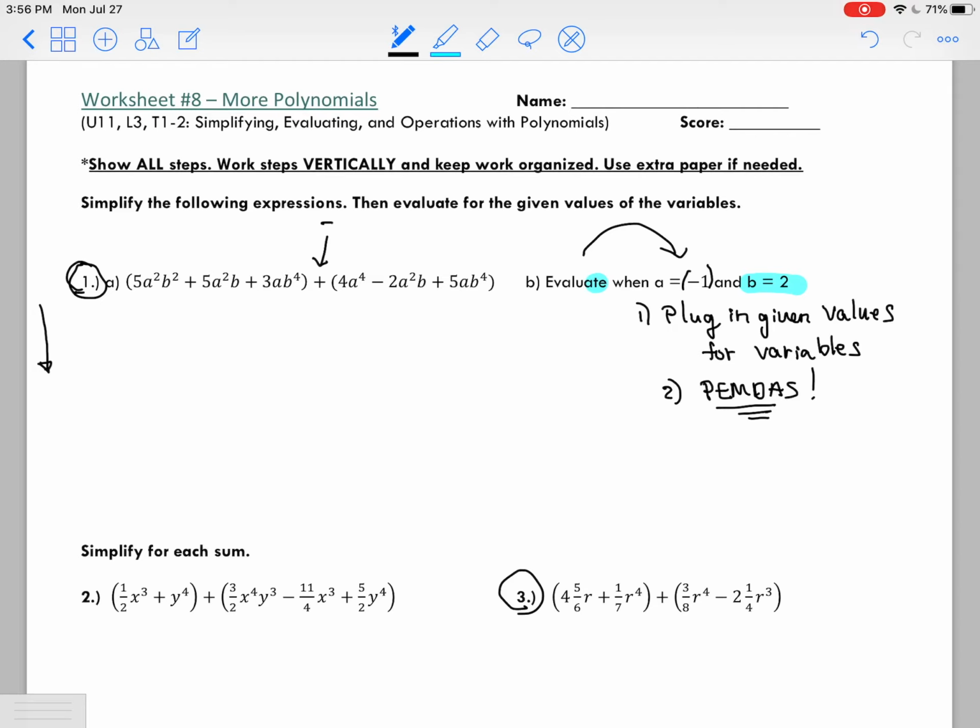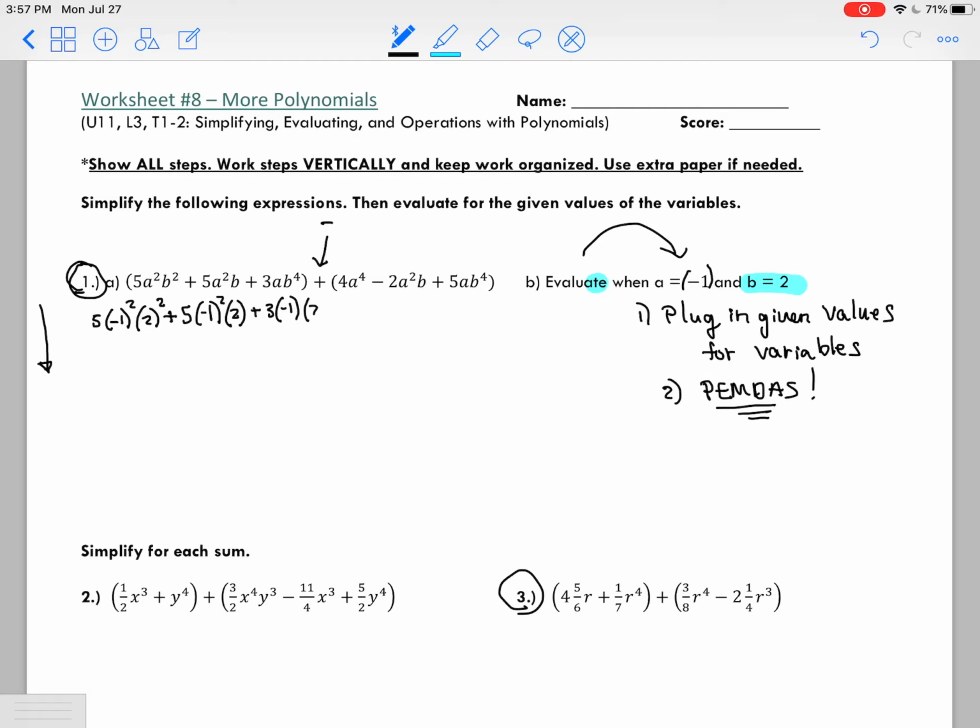All right, so I'm going to pull to the left a little bit here so I can give myself some room. So 5a squared, well, a is negative 1. Put that in parentheses there. B is 2. Okay, plus, we've got another 5, and then we have an a again, so negative 1 squared times b, which is 2, plus 3.